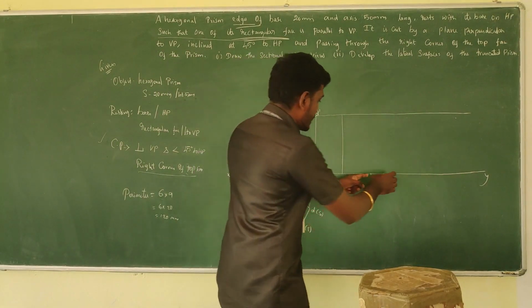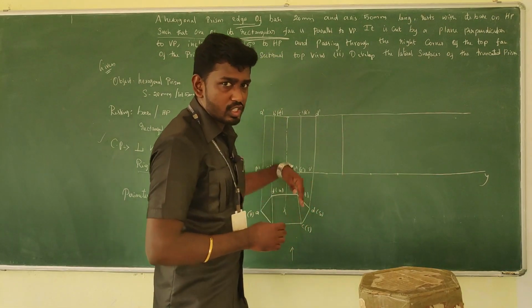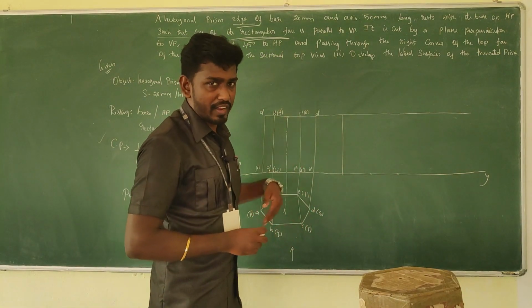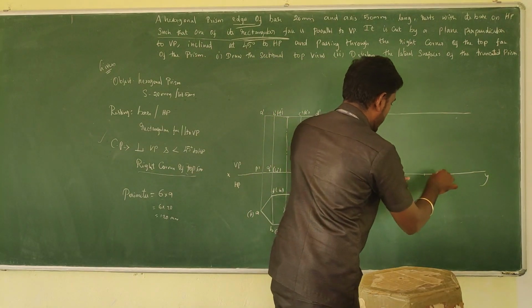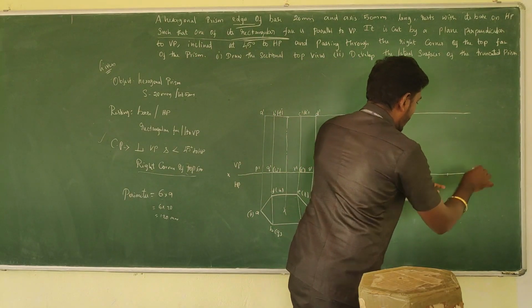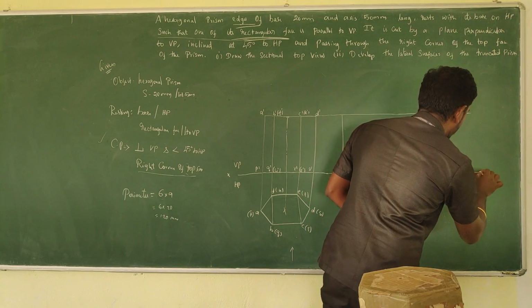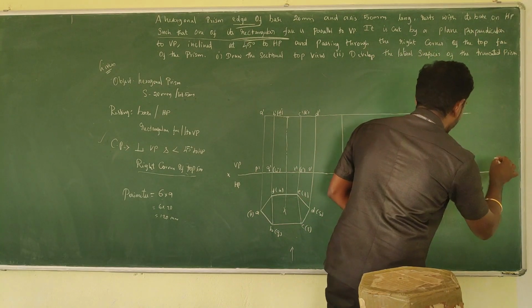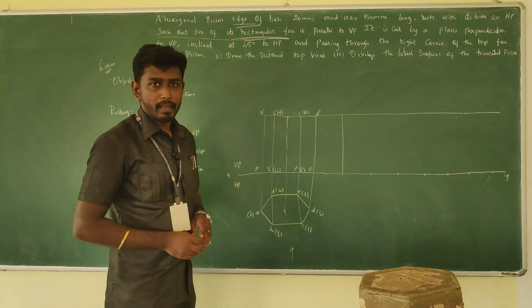Have a cut from this end. With respect to the end, go for the construction of 6 rectangular faces by making 6 cuts: 1, 2, 3, 4, 5, and one more we need. So go for the cut. This is how the lines are.